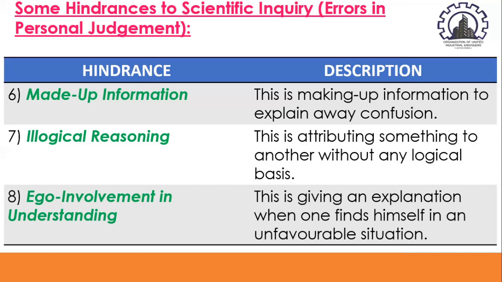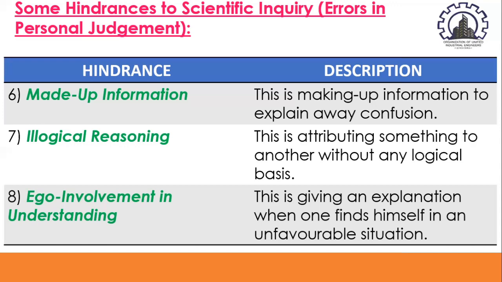Instead of thinking that, after all, the storekeeper is an honest fellow and perhaps also his family members, he imagines that maybe the boy went to his house purposely not to return the wallet, but to see his house for a possible burglary. Another example of made up information is wrongly interpreting the findings of a research material.